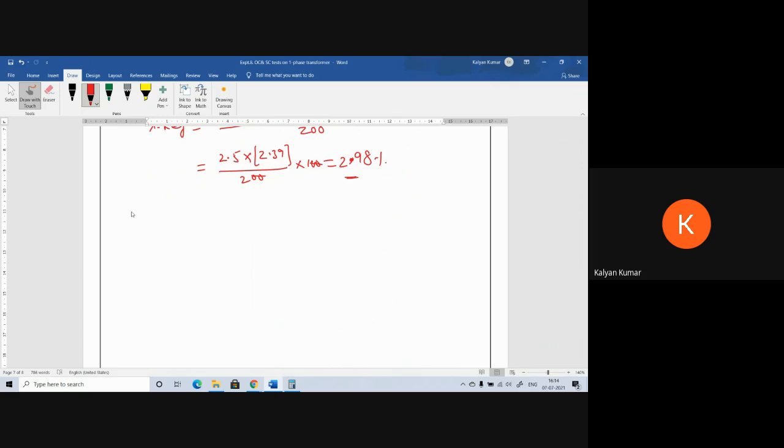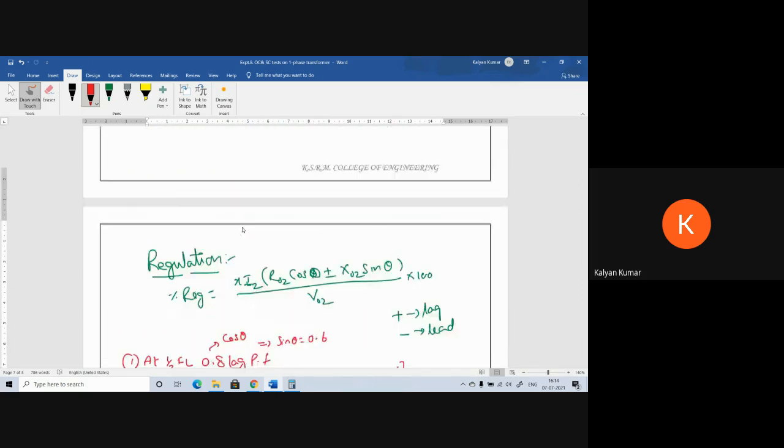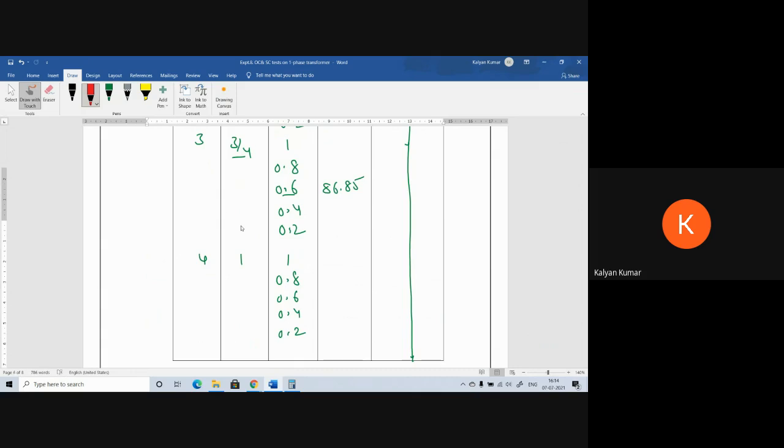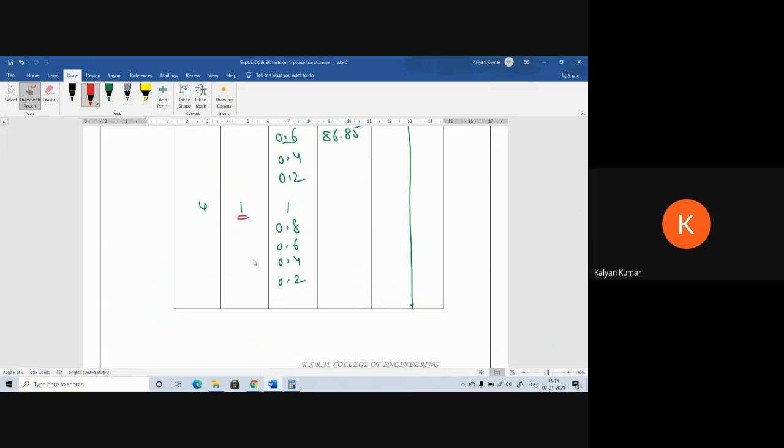Now, similarly, let's do another case. Let's take full load and 0.6 instead of 0.8, 0.6 leading power factor.